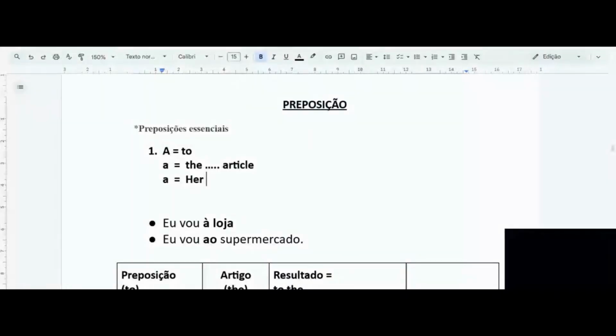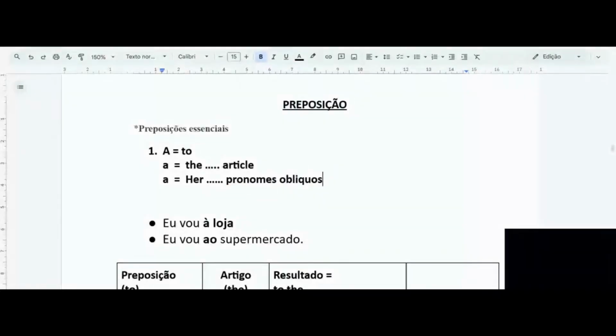This one we call pronomes oblíquos. We use them under the pronouns.